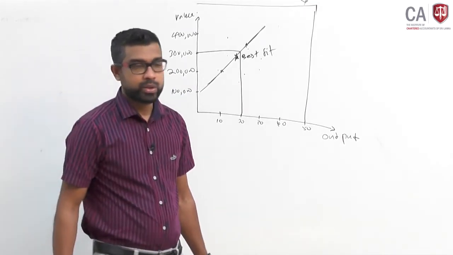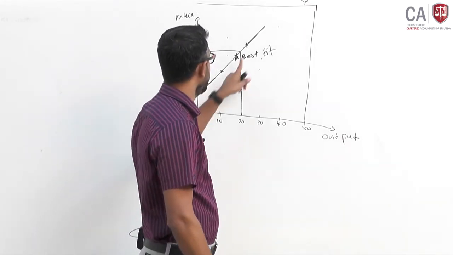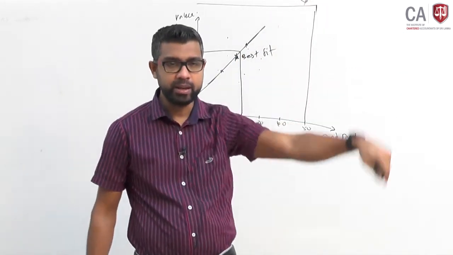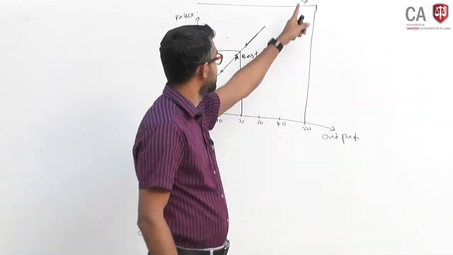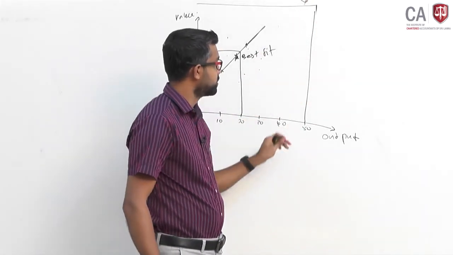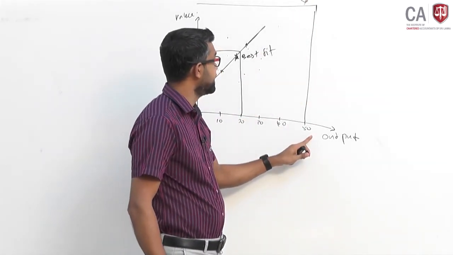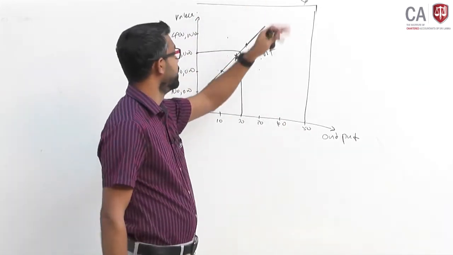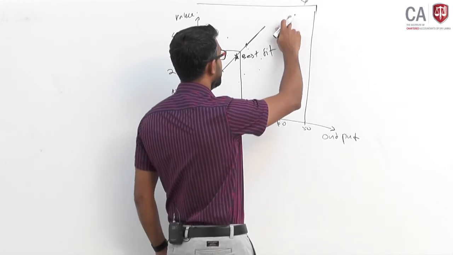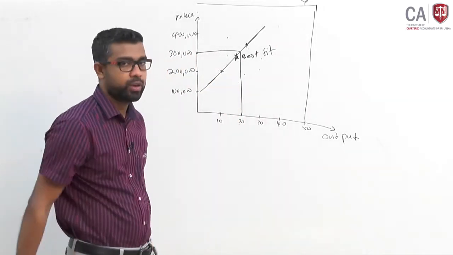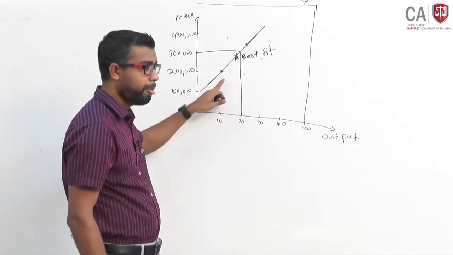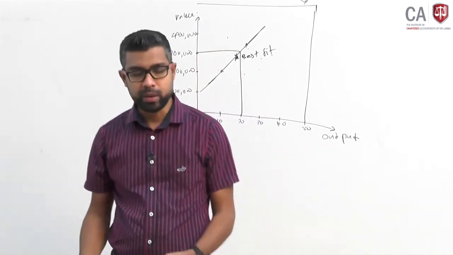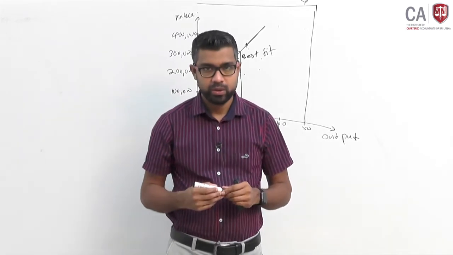So if you figure out the numbers for this equation, you can figure out what the estimated figure should be at a future date, future outcomes. So let us say under an output level of 50, what is the value? That you can forecast. Before that you have to figure out and observe this equation. Based on that you can make a forecast.